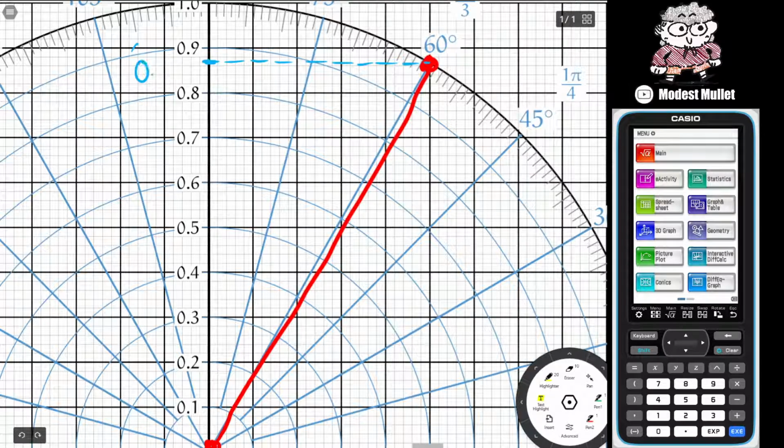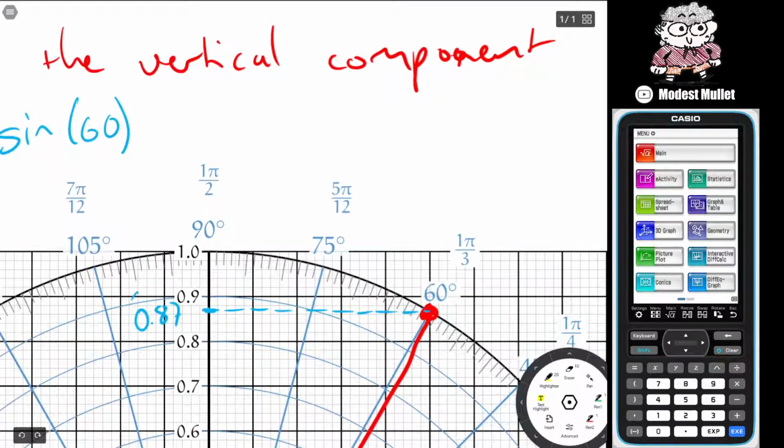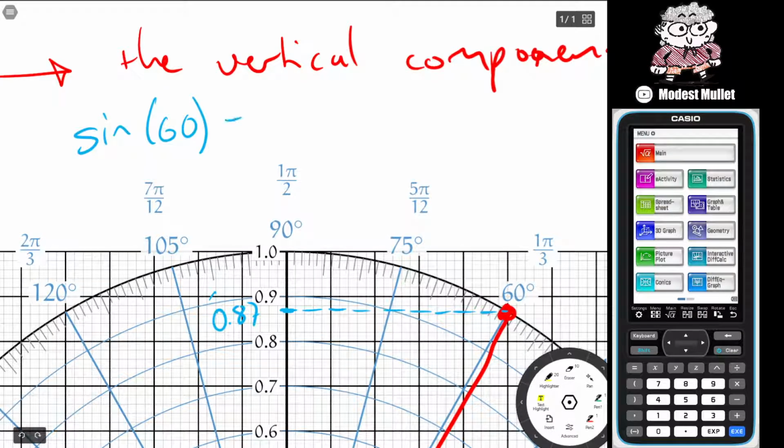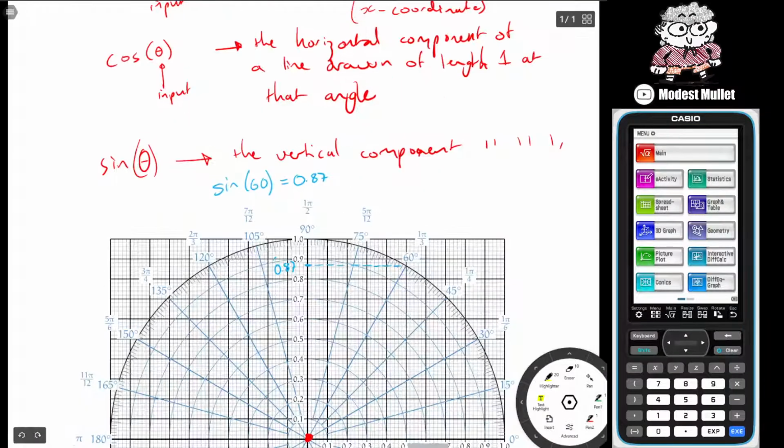Yeah, I'd say 0.87 we can see as the y-coordinate of that point. So do a check with your calculator, see what sine 60 gives you, but hopefully it should be 0.87, or roughly around there, because my drawing over the top is not excellent. 0.865, I mean.